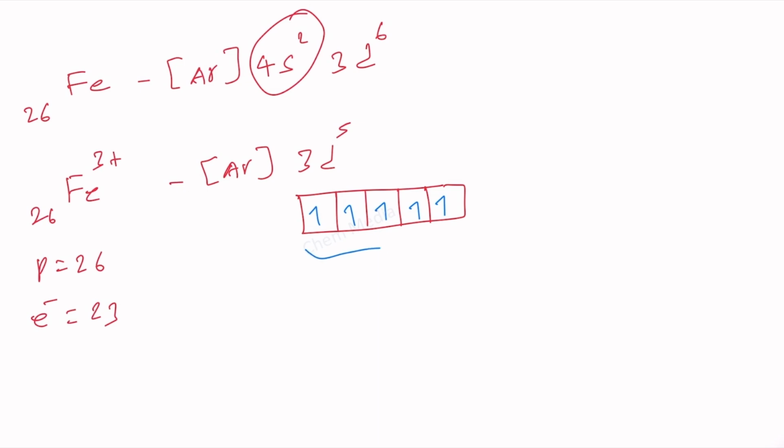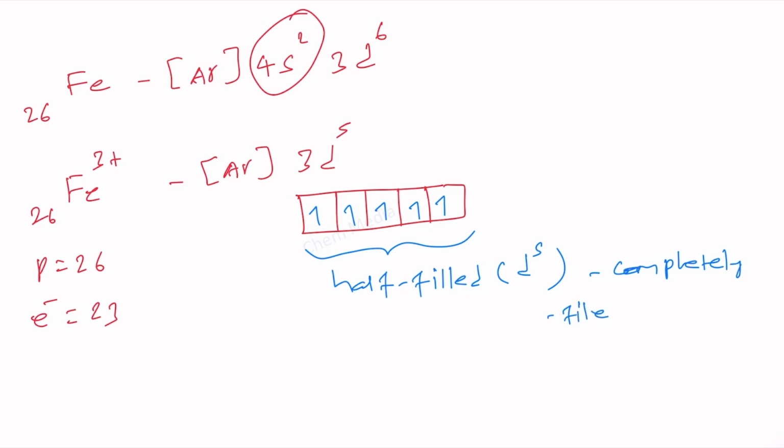This electronic configuration is more stable than nickel 2+, because this is half filled. It is symmetric and the exchange energy is more. So, in general, half filled or completely filled, that means d10, d orbitals are more stable compared to partially filled d orbitals.